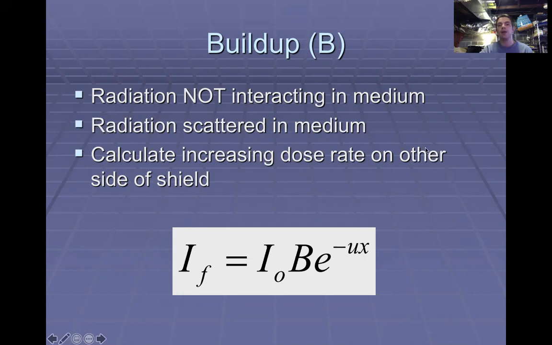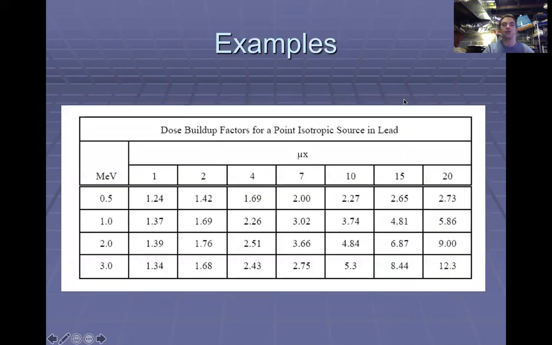So to counteract that in a real world setting, there's what's known as buildup factors. Again, they are just charts of information, and as you get deeper and deeper into a larger and larger shield, these factors start to go up quite a bit, to the point where they can have a pretty significant influence on your equations.